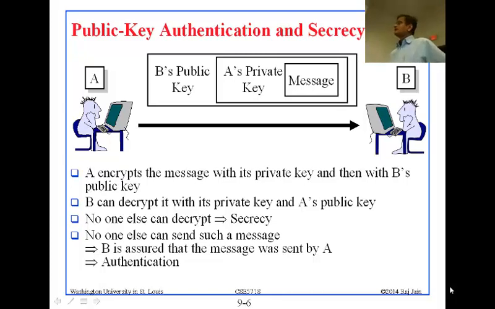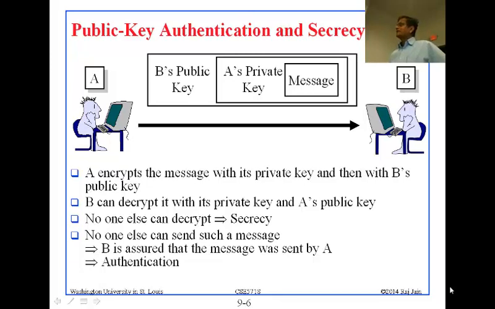You see, there are two locks. You put the message inside a box, and the lock here is the private key of A. And you put that inside another box, and the lock here is the public key of B. Now A knows both of these. A knows its own private key, and A knows B's public key. So it can send this message.